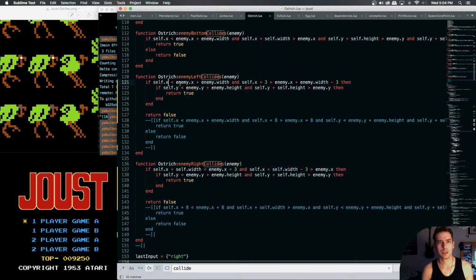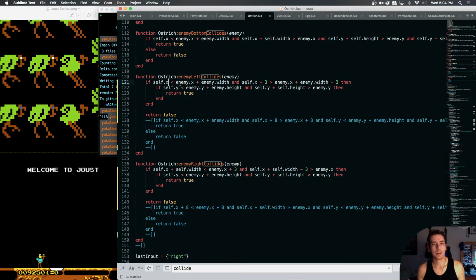Let's walk through this again. If an ostrich left collides with an enemy is seen, that's why I call it enemy left collides, because the enemy is on the left. So an enemy would be on the left if the left side of us is smaller than the rightmost side of our enemy.